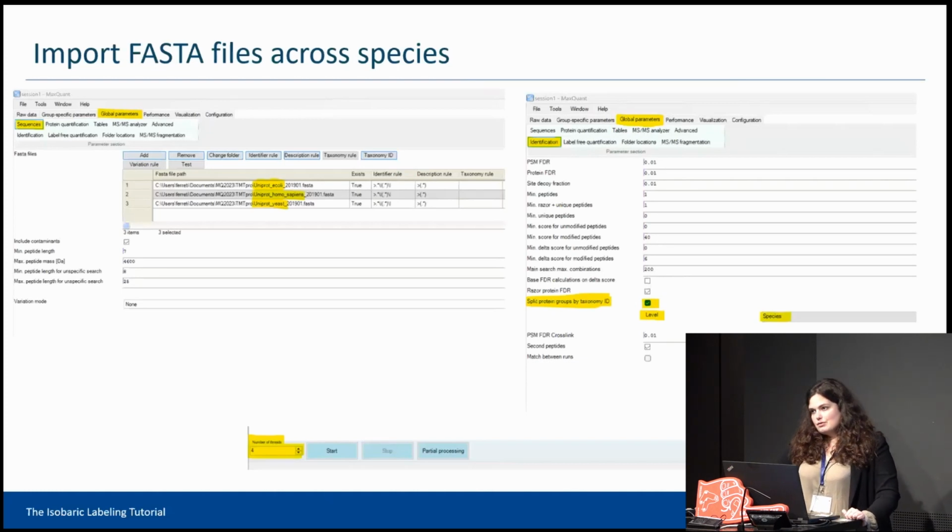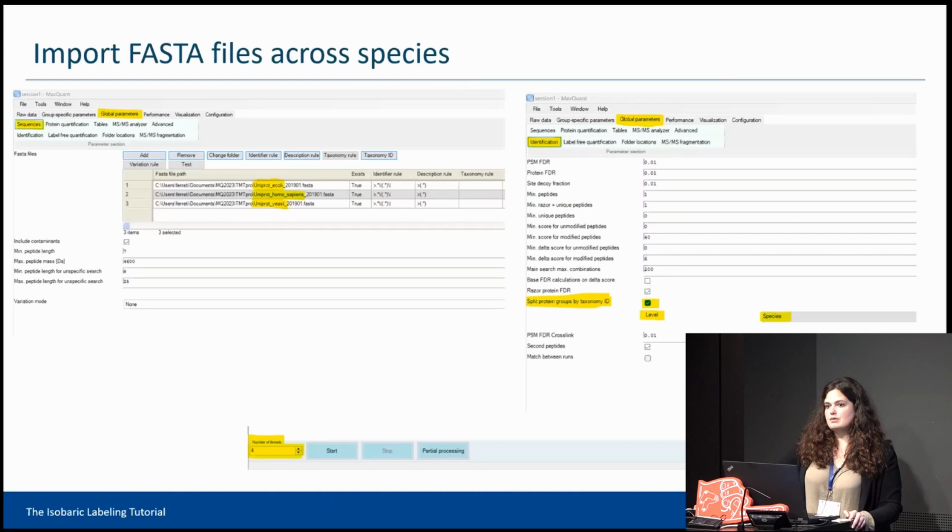But how does MaxQuant then recognize that you included 3, and you want to see exactly this data set across these species? What you see here on the left side is that you have to go to the global parameters, in the identification, press this checkbox and say, look, I want you to read this database across all, do the identification across all the database, but filter based on the taxonomy ID, filtered by species.